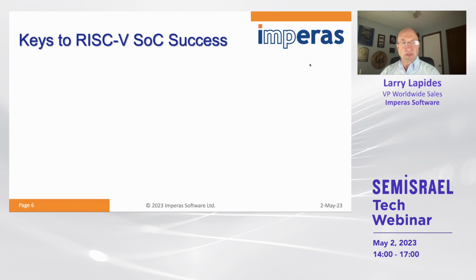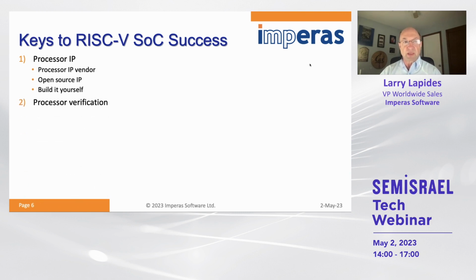So what are the keys to RISC-V SoC success? The first, of course, is the processor IP. This could be from the processor IP vendor, it could be open source IP. You could be building the RISC-V processor yourself.